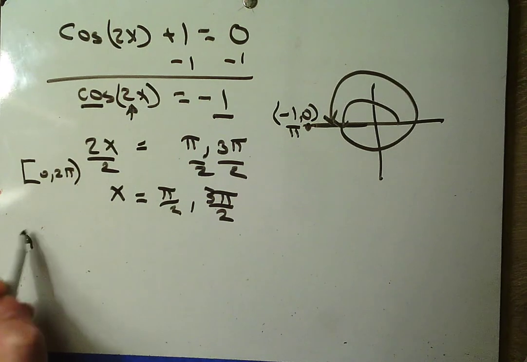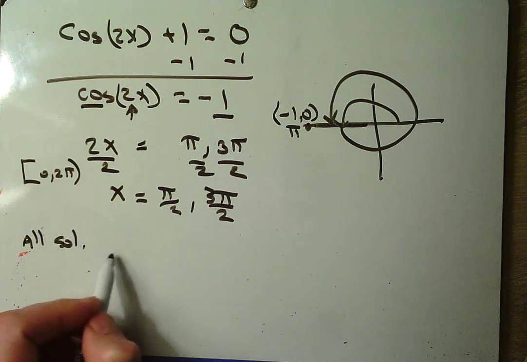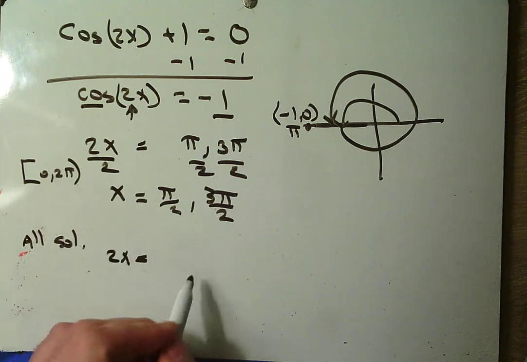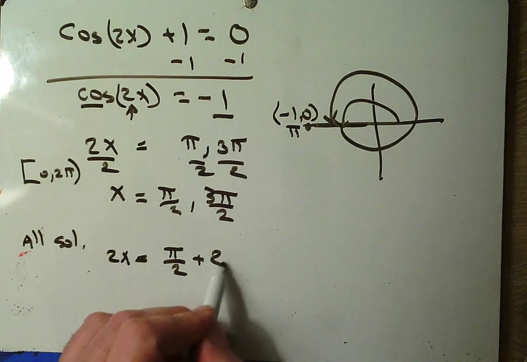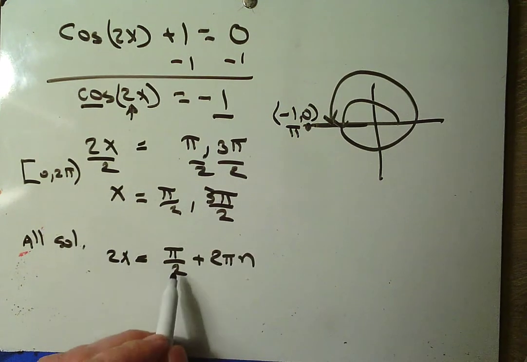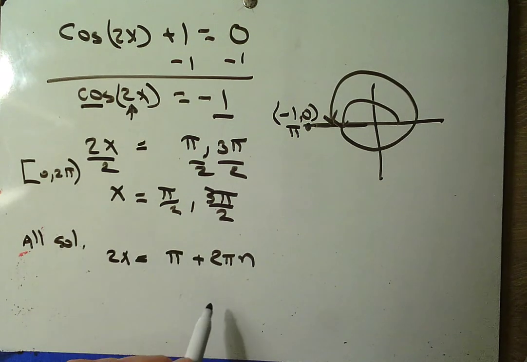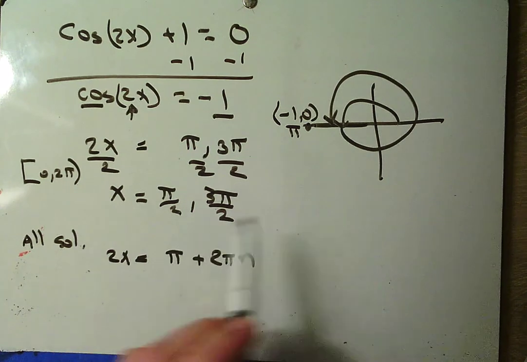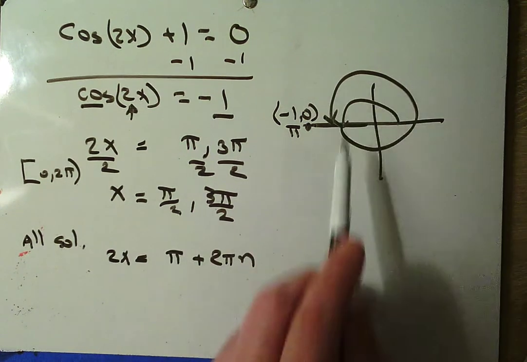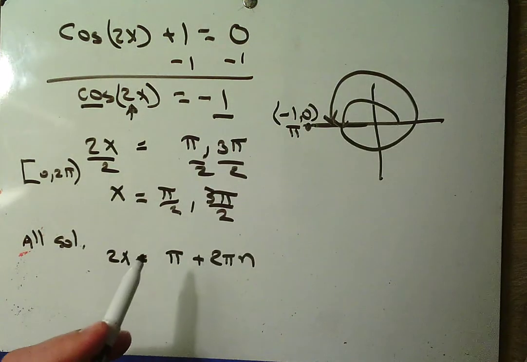If we wanted all solutions, we would start with 2x equals pi over 2 plus 2 pi n. Remember, we only pick up the first set of solutions. Pi, we only pick up the first solution, or first set of solutions if there were two. Here there's only one solution on 0 to 2 pi, or on one trip around the unit circle.